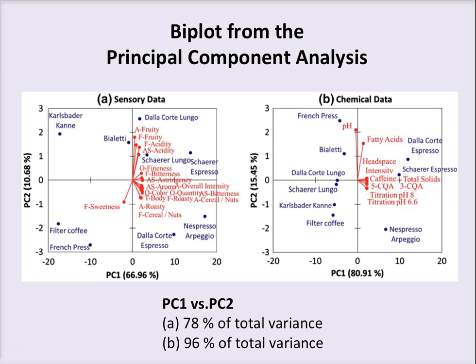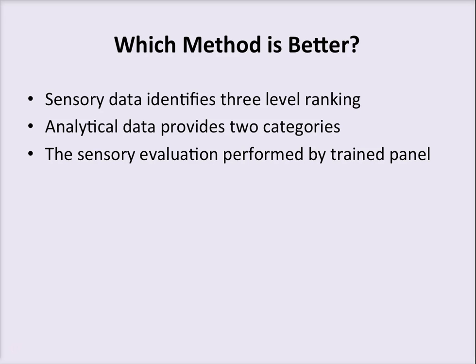So you can see how sensory data actually breaks into 3 levels of analysis, where in the chemical data, it really only shows 2 areas, pH, fatty acids, and then all the rest are grouped together in the other quadrant. So these would be considered levels of rankings.